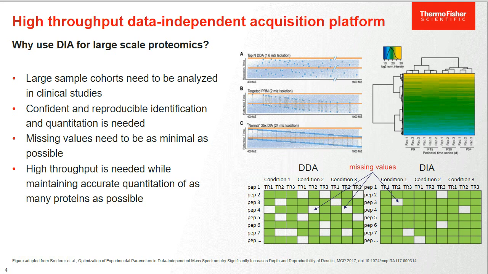Targeted methods such as PRM are highly accurate and precise but lack depth in terms of the number of quantified proteins. On the other hand, typical DIA methods include wide window isolation of precursors across a defined mass range resulting in uniform data points across all the precursors for highly accurate quantitation. The overall result is fewer missing values as compared to DDA methods.